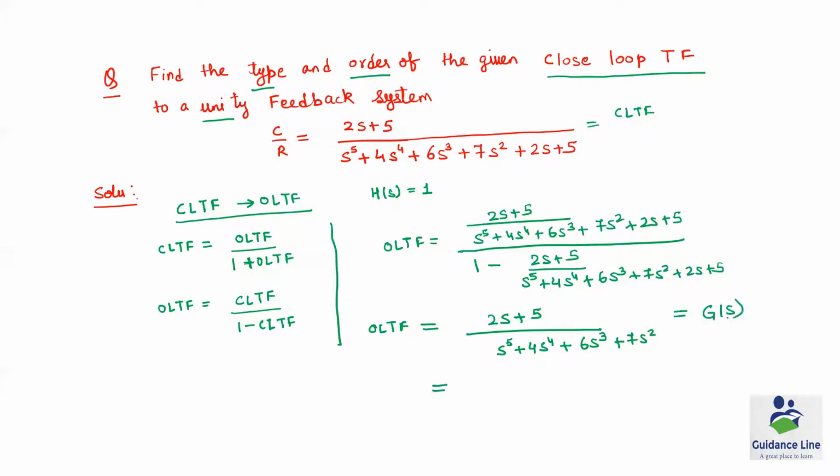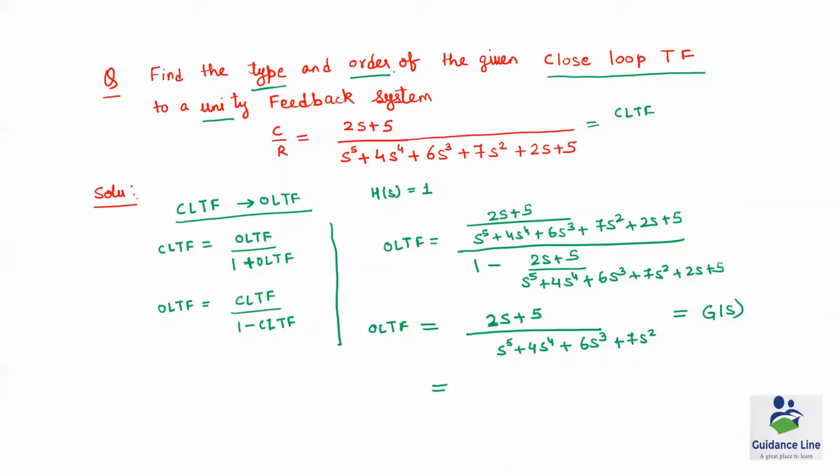Now you can see, if I want to convert it into the standard form, I simply adjust the parameters required to compare with the standard form. But here we have only been asked for the type and order of the system.